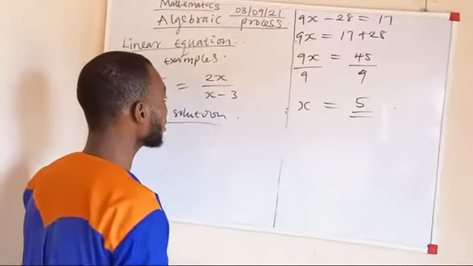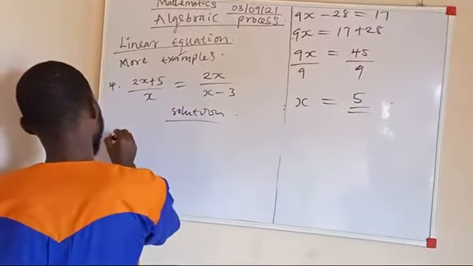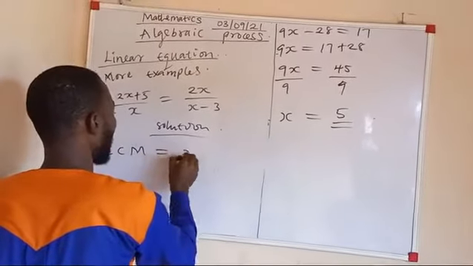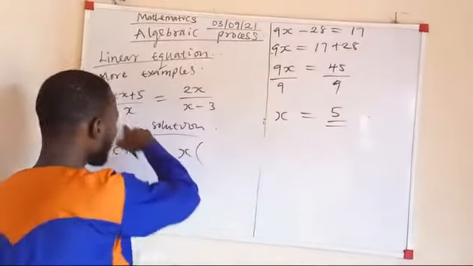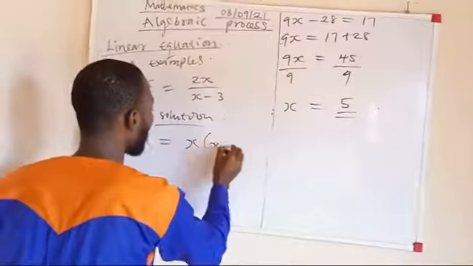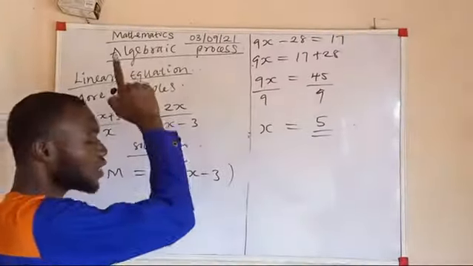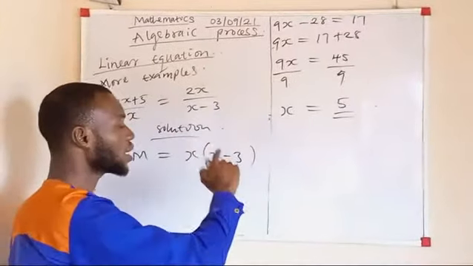The LCM will now be x bracket x minus 3. That means you multiply x by x minus 3. That will be the LCM. So you multiply each term by the LCM.